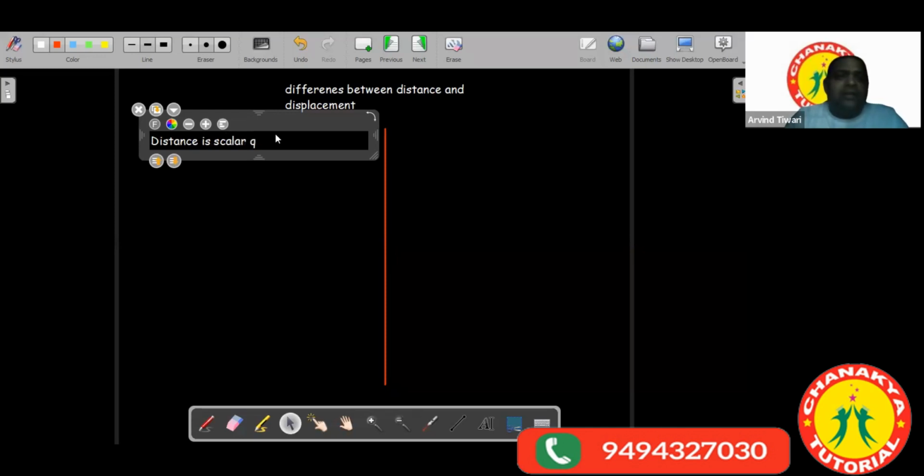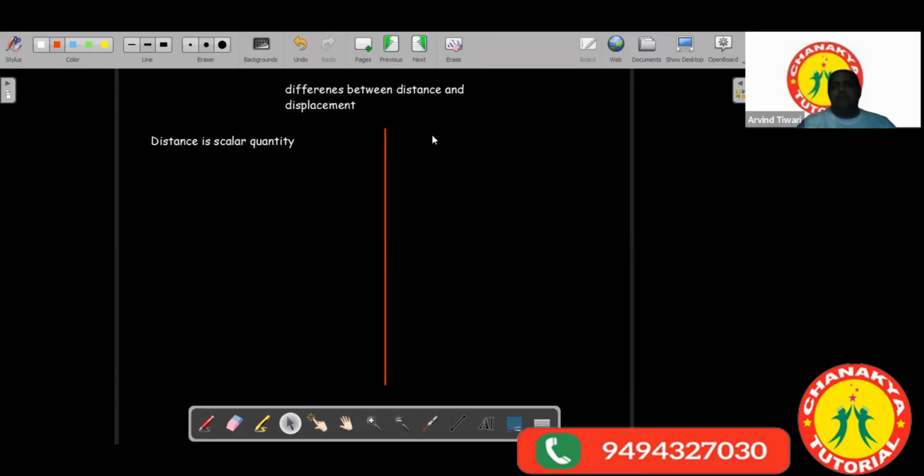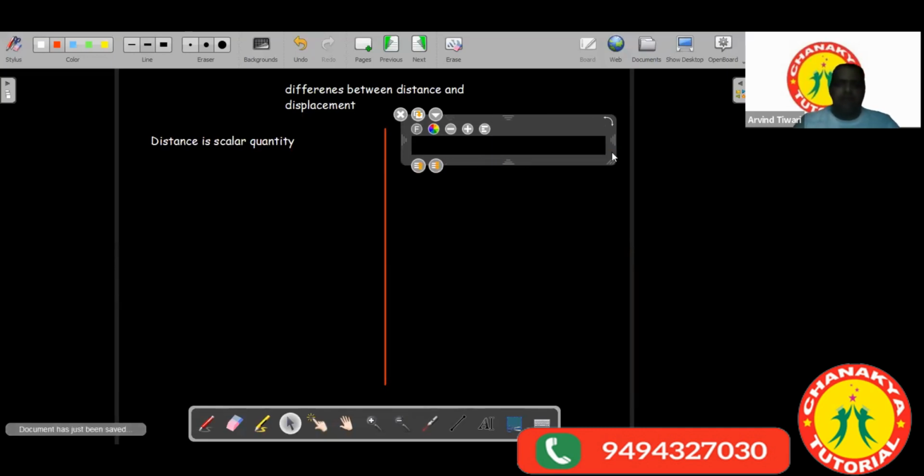Pranav, what are scalar quantities? Akshara, what are scalar quantities?